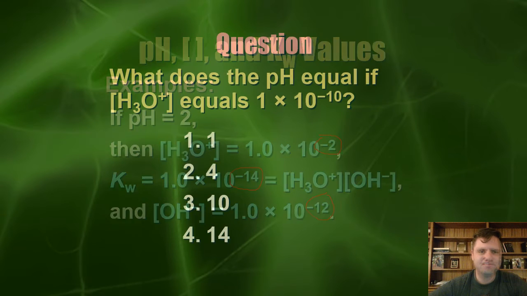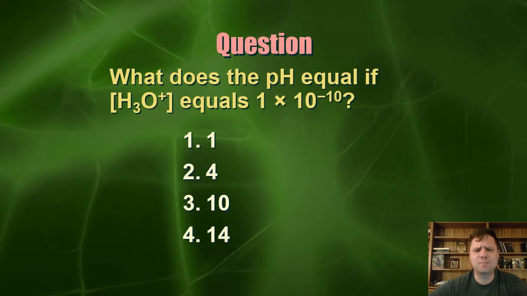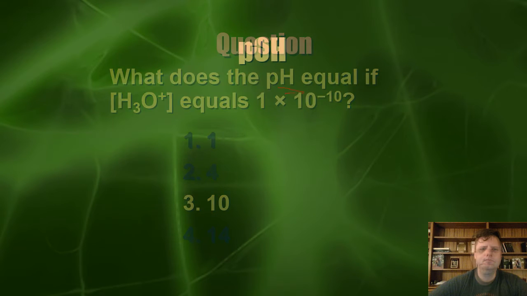So what does the pH equal if hydronium ion equals 1 times 10 to the negative 10? Well, if we're looking for pH, here's the hydronium ion. So we just look at this number and we take the negative of it. So it's just 10.